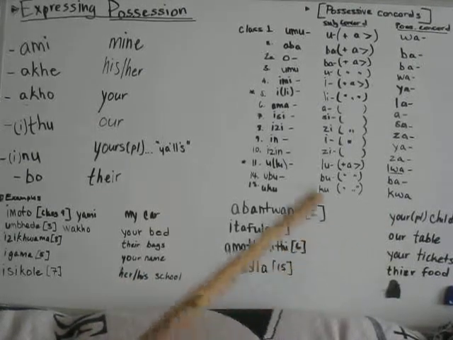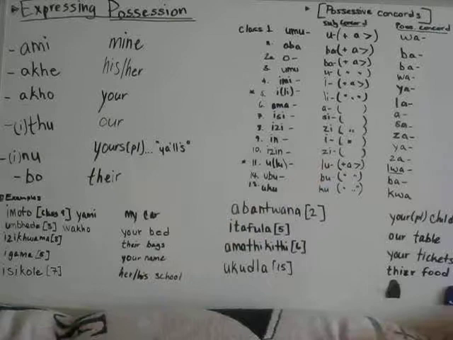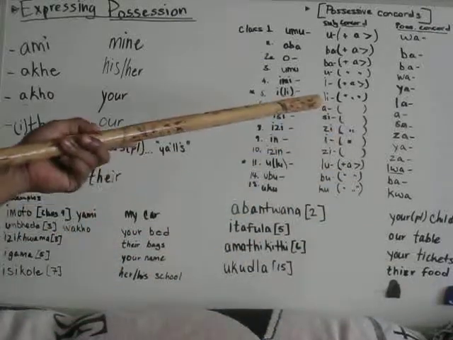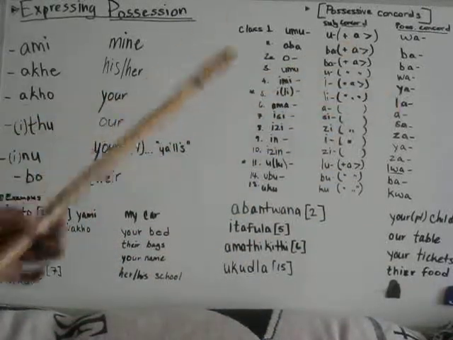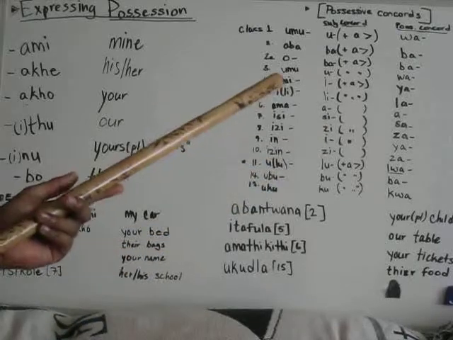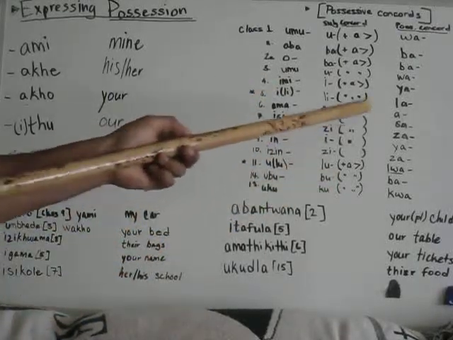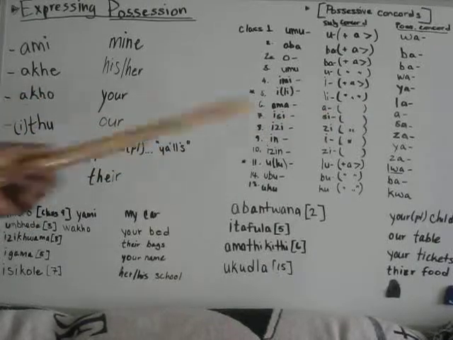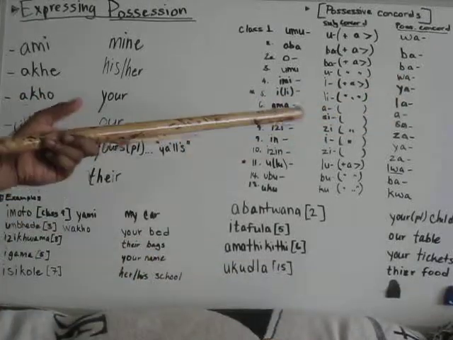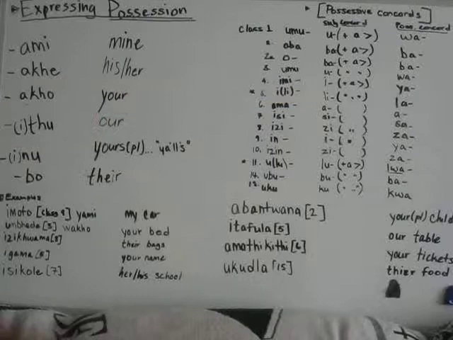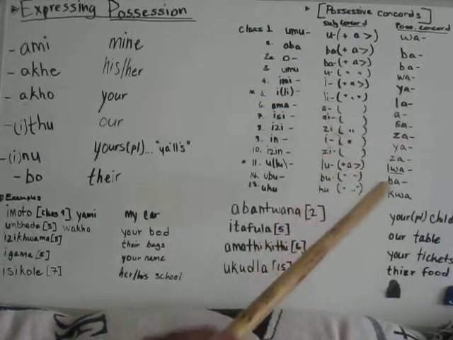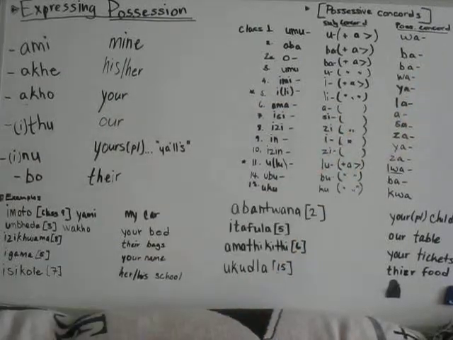Typically people would just say igati. So you have li, la. If you wanted to say your cat, you would have igati lako. Igati lako, your cat. On my class, you have a, which just remains a for the possessive concord.